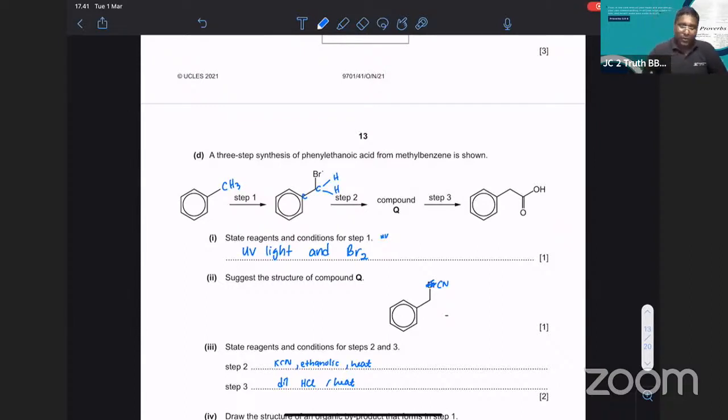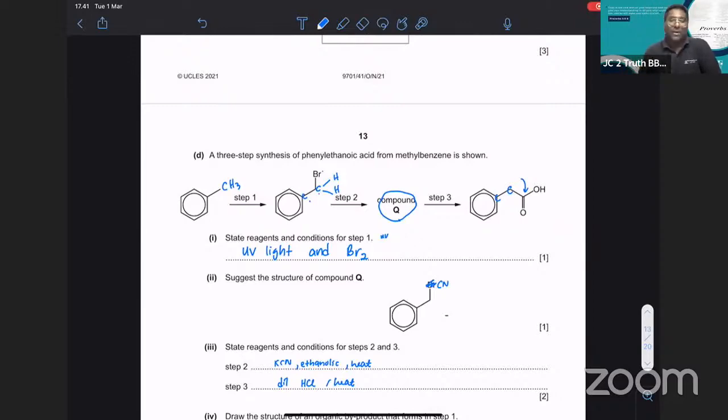Then we need to form a compound Q. But before I look at compound Q, I just have to look over here: this carbon is here, but suddenly I have another C. If you have an additional carbon in your organic synthesis, you must add the carbon in the form of CN.